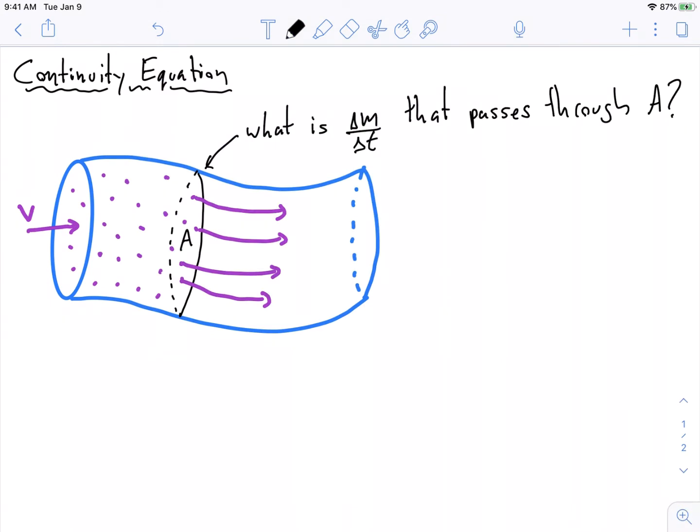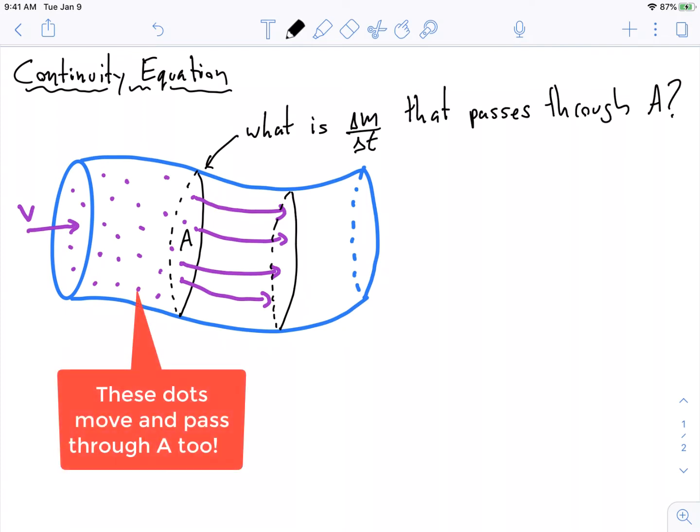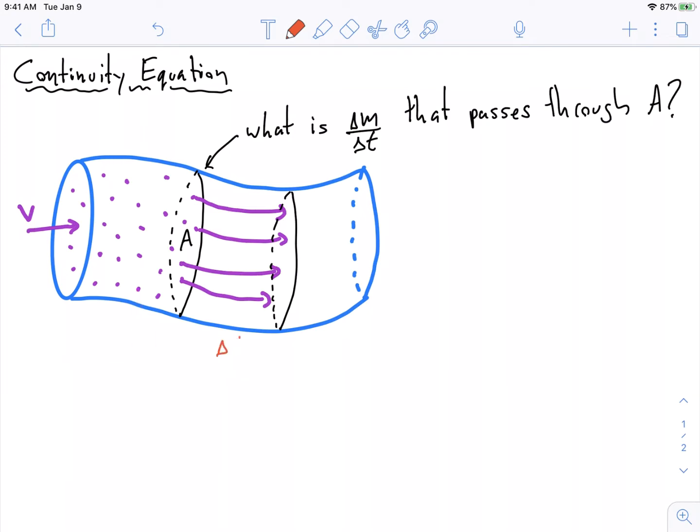And because we're making this assumption of laminar fluids and no viscosity, all of these will flow to some point on some other little cylinder here. So it's done this in some time, delta t, and it's spanned some space in that time delta t, delta x.